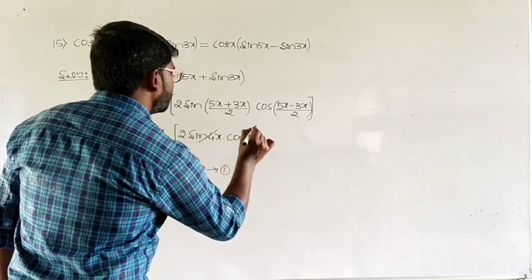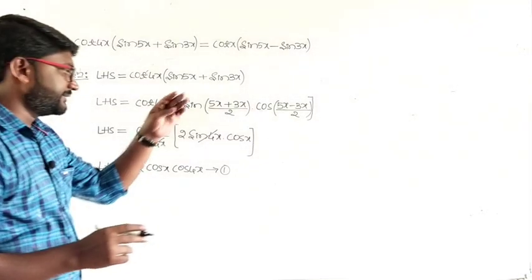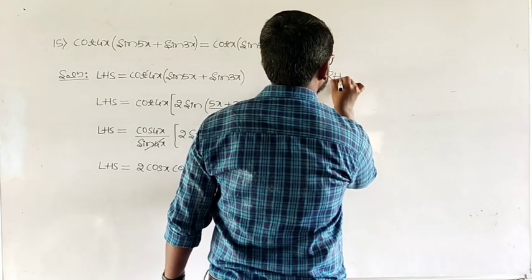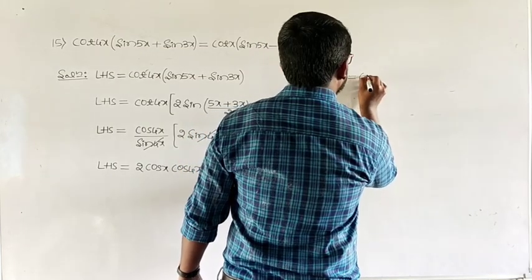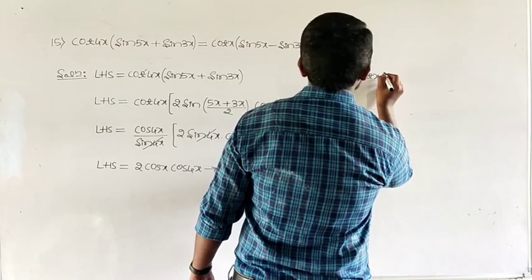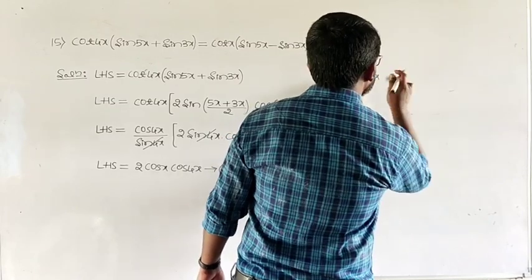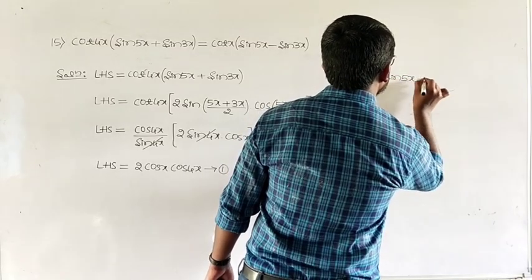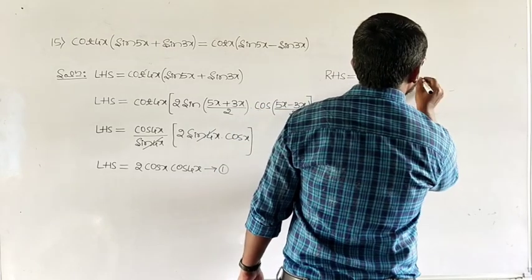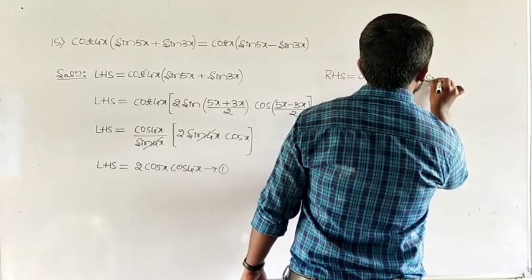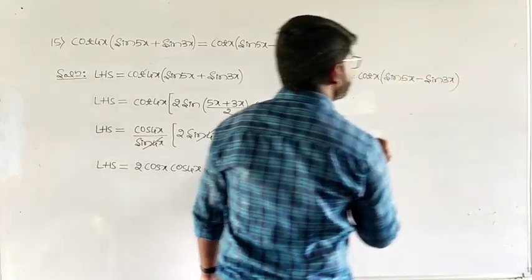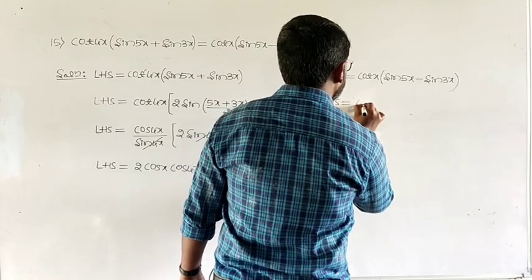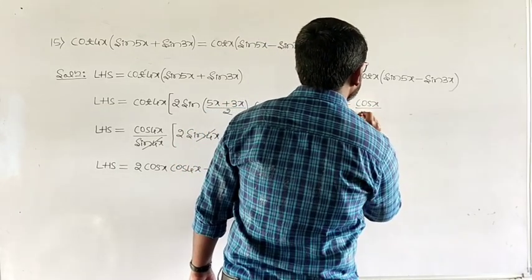Then let us take up the RHS and simplify it. RHS is equal to cot x into sin 5x minus sin 3x. Now cot x can be written as cos x divided by sin x.